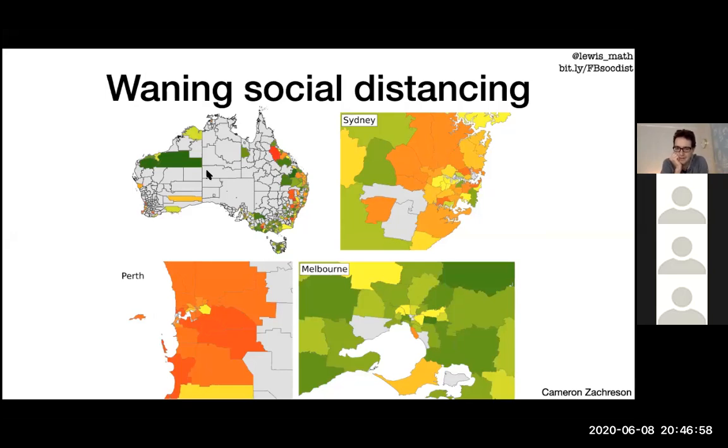Now, I'm treating this with a lot of caution because there are a lot of reasons that might be, including statistical regions. We haven't controlled for the relative size of each of these local government areas, and they can vary quite a lot. But it's possible that the outer suburbs might be waning in social distancing quicker than the inner city, which would be an interesting find.